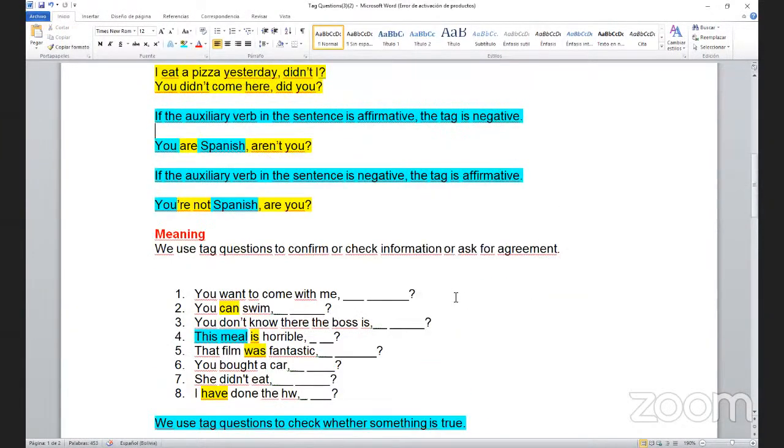Now let's see these other examples. Let's go writing. The first one, how is my tag question, Chris?